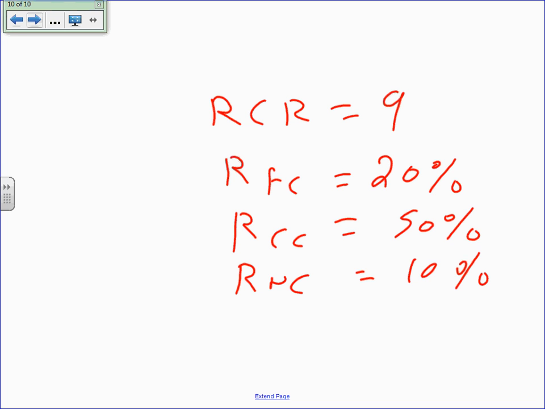Can you guys find me the coefficient of utilization based on these criteria? Let's do it together. I'm asking you to find the coefficient of utilization for this fixture.